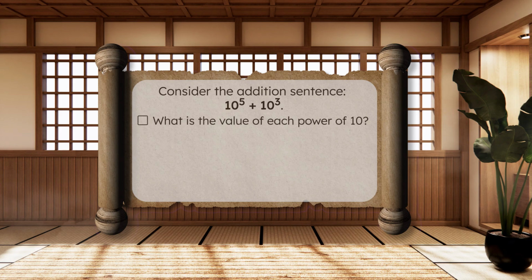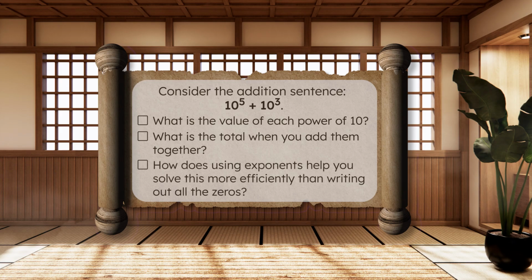What is the value of each power of 10? What is the total when you add them together? How does using exponents help you solve this more efficiently than writing out all the zeros? Pause here to complete the challenge in your guided notes. Use everything you've learned in parts 1 and 2 to show your mastery.